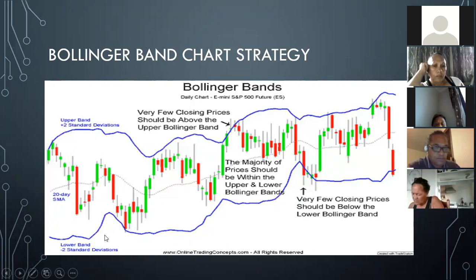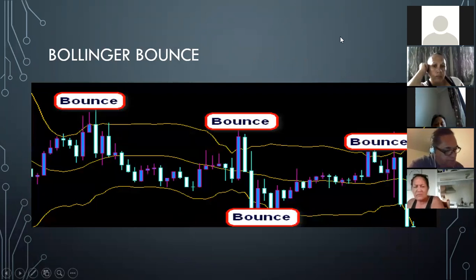Now, there are two methods involved in the Bollinger Band strategy. The first method is a Bollinger Bounce. Now, when you apply the Bollinger Band to a chart, as I said, you've got your upper band here, you've got your lower band, and in between you've got your median. Now, the Bollinger Bounce basically shows you, within a chart of the Bollinger Band as a whole, the chart bounce off the bands.